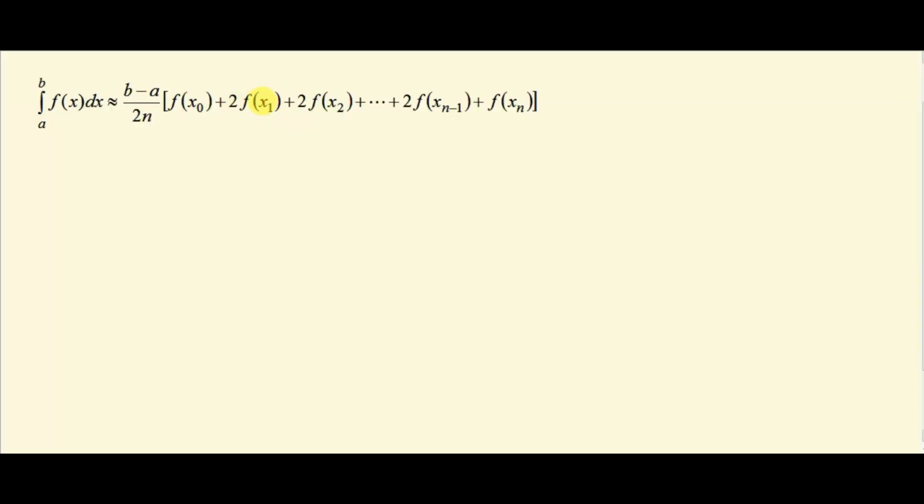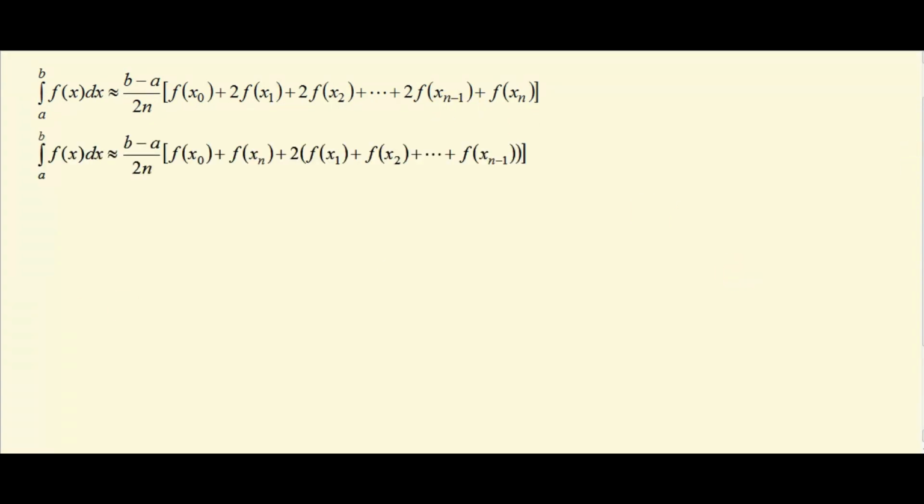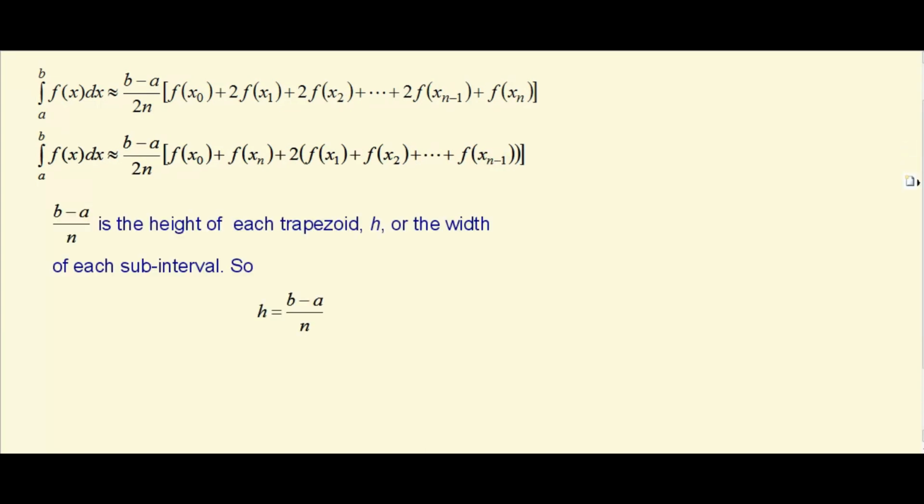In the formula, we have multiples of 2. We have 2 f of x sub 1, 2 f of x sub 2, up to 2 f of x sub n minus 1. We can factor out 2 from all of these terms. When we factor out 2, we have b minus a over 2n times f of x sub 0 plus f of x sub n plus 2 times the sum of f of x sub 1 up to f of x sub n minus 1.